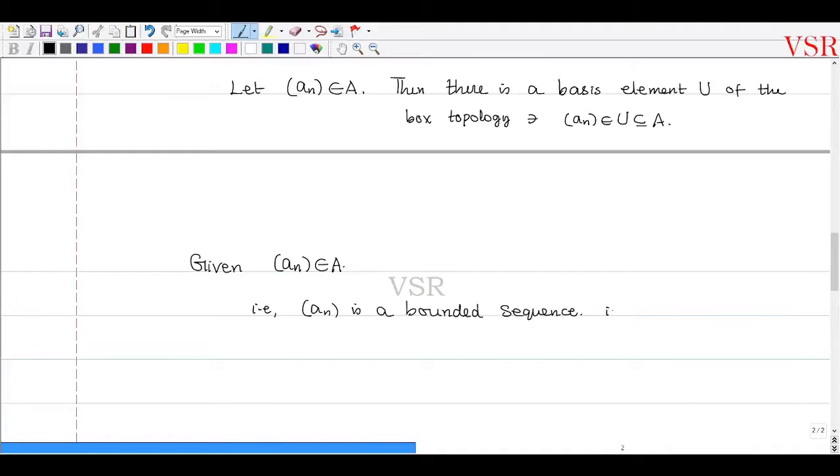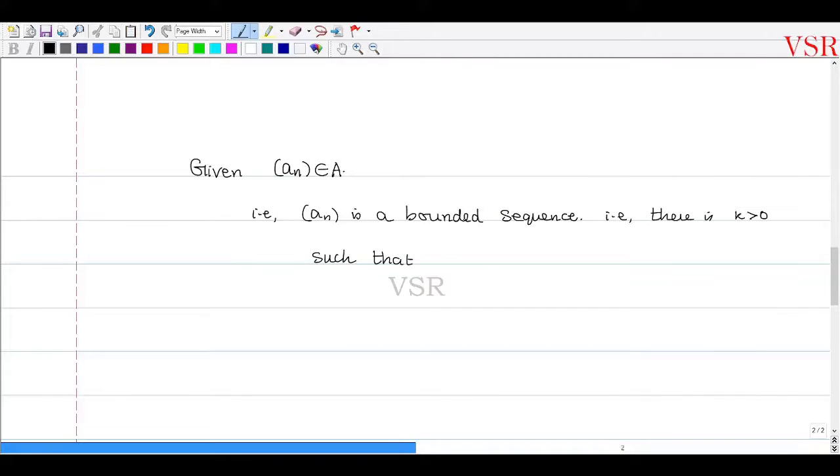That is there is some k positive such that, see bounded sequence எல்லாம் நான் R ல தான் சொல்றேன். அதனால தான் நான் bounded sequence ல பேசுறேன். Topological space ல வந்து bounded அப்படிங்கறதெல்லாம் பேச முடியாது. ஓகே, இங்க வந்து it is a real sequence அப்படிங்கிறதுனால we can talk about the bounded, such that this modulus of an is less than or equal to k.